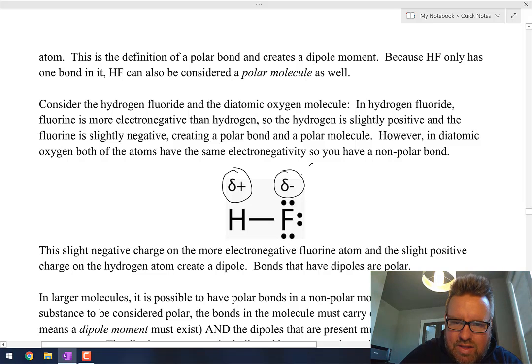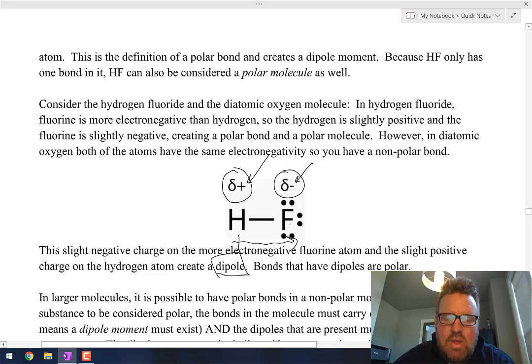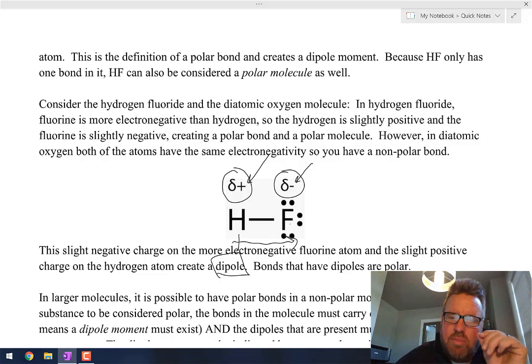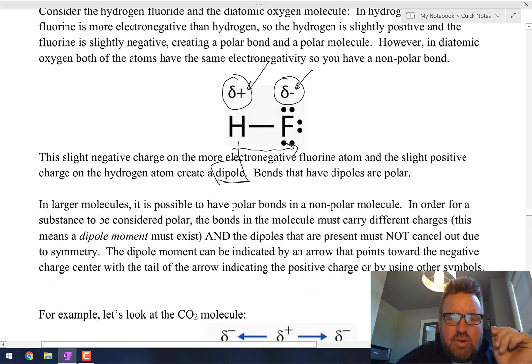That's the partial negative charge and the partial positive charge. Again, a more typical way is to talk about a dipole, where you do the little plus and the arrow pointing that way. So if a bond has a dipole, then it's polar. If a bond doesn't have a dipole, then it's nonpolar.